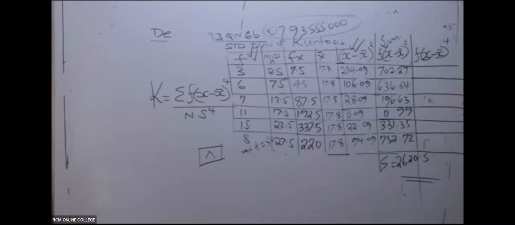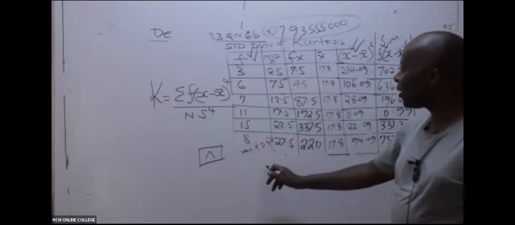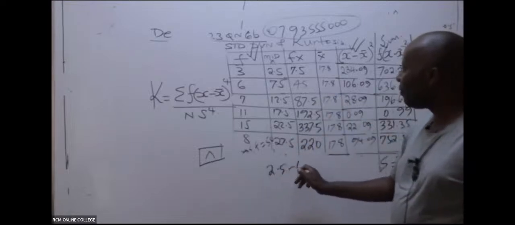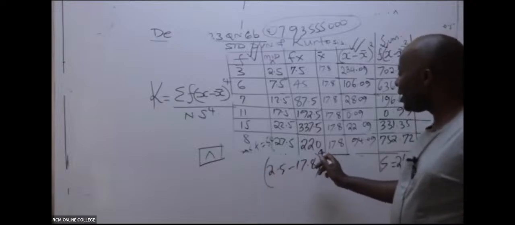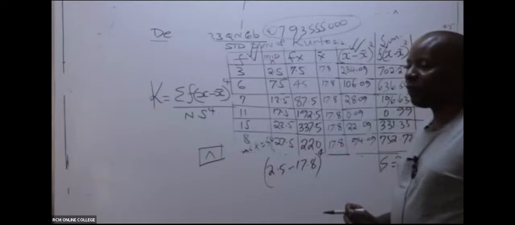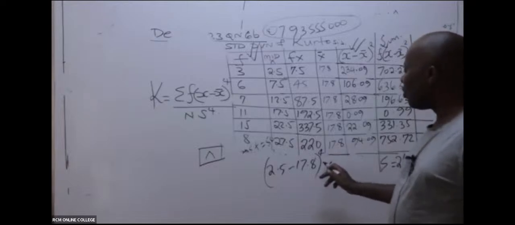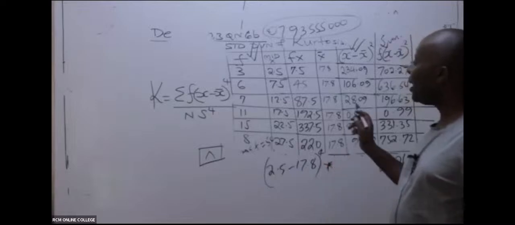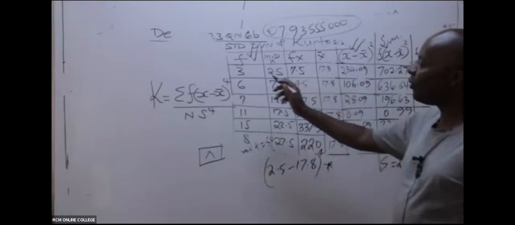X minus x bar, you see, this is 2.5 minus 17.8. Whatever we get, raise it to power 4. Then whatever you get, you multiply with the frequency.